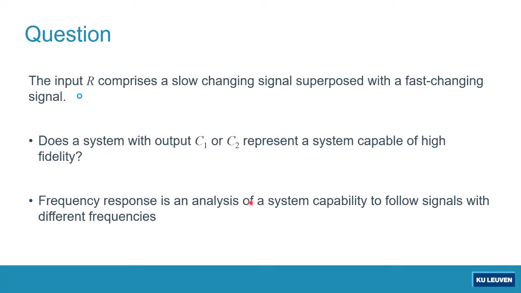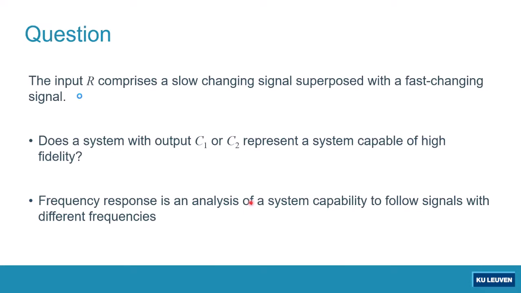Does a system with output of C1 and C2 represent a system capable of high fidelity? Or in other words, does this output tell us whether the system is capable of following the input or not?